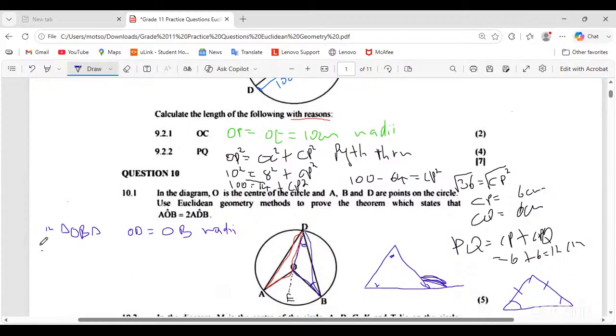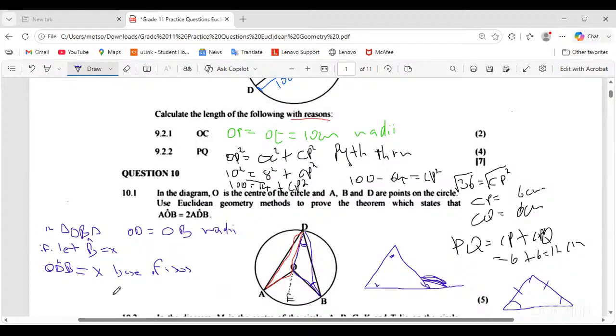Now, if you let angle B be x, then angle ODB, O at D then goes to B, will also be x. Why? That is the base of an isosceles triangle.